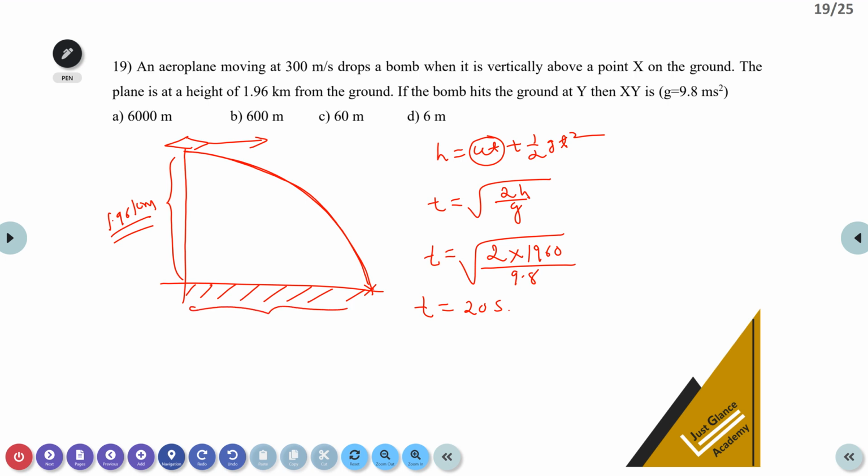We know that x equal to ux into t, because the aeroplane is moving at 300 meters per second and drops a bomb when it is vertically above the point on the ground.